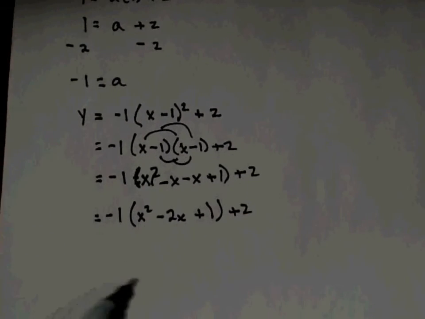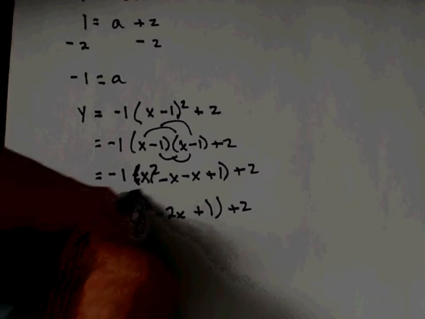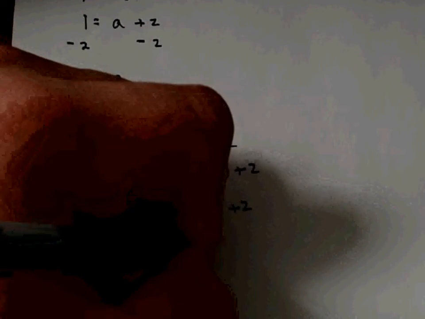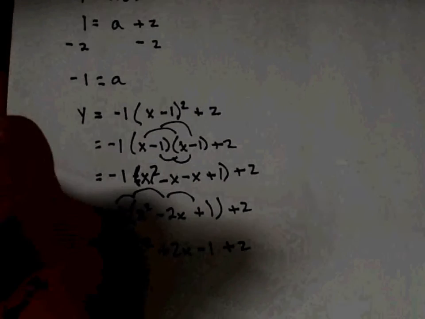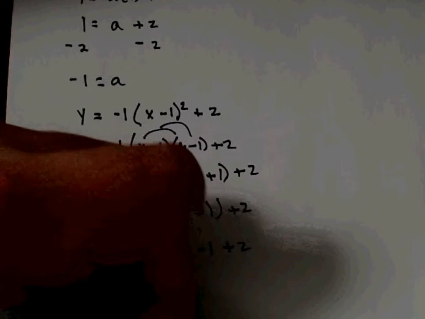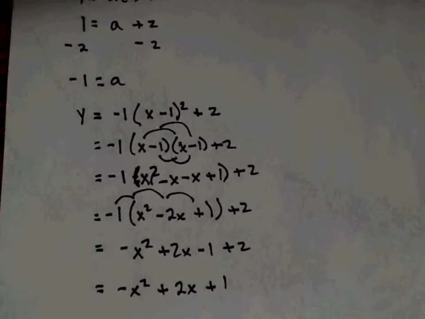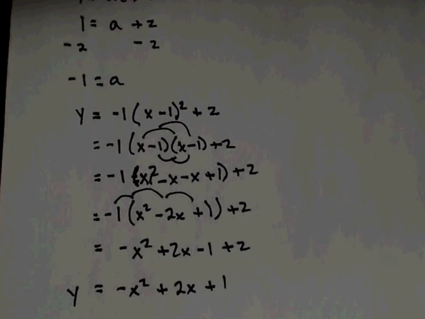Now here I will have to distribute my negative and not just assume that it's going to come out, because my negative is going to change the sign of everything inside there. So it's going to be -x squared plus 2x minus 1 plus 2. Combine my like terms, gives me -x squared plus 2x plus 1, which is the standard form of my equation.